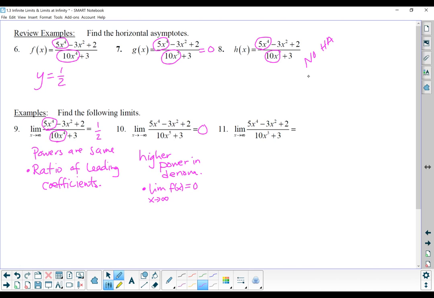You might remember, and if you don't, it's okay, that this would be a slant asymptote. We would typically use long division to figure out the equation of that slant asymptote if we needed it. We don't need it. If we were talking about limits, we would say that the limit does not exist.